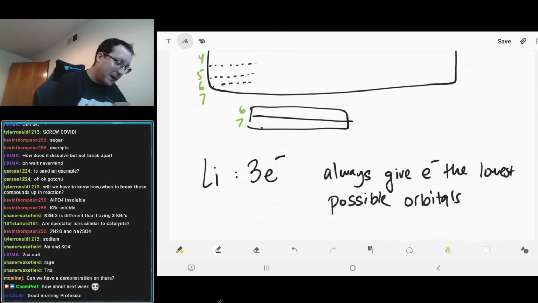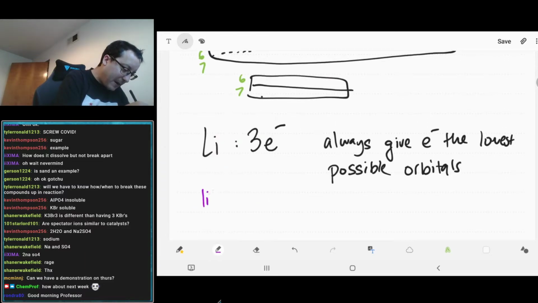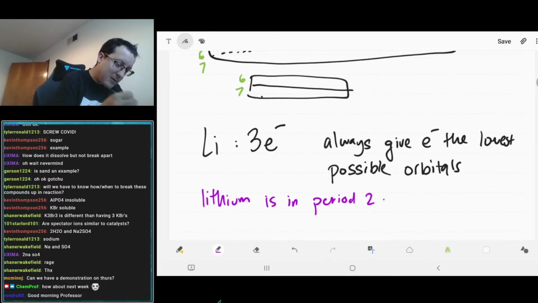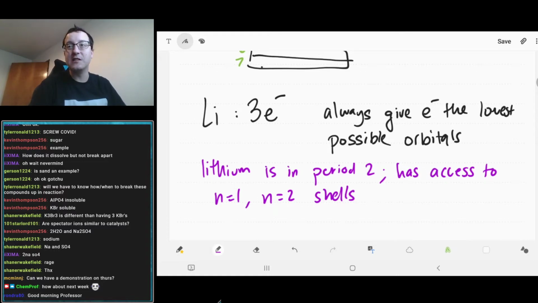And so that means lithium, I'm just going to write all this out, is in period 2, therefore it has access to the first two shells.